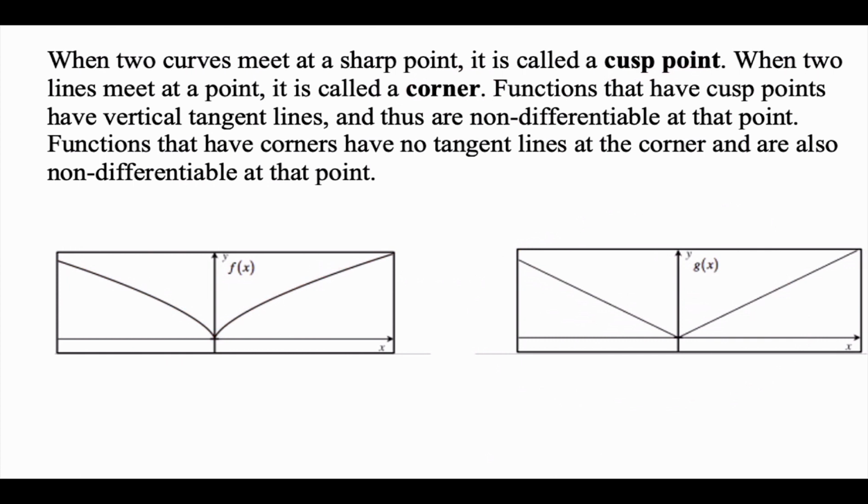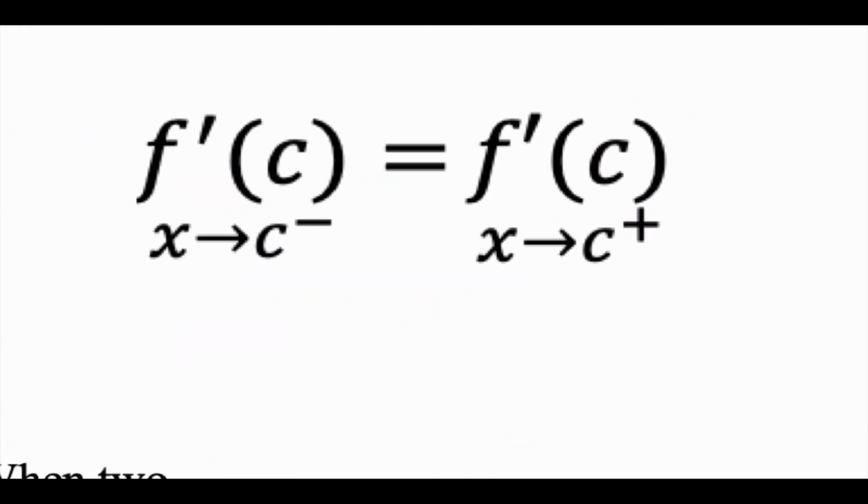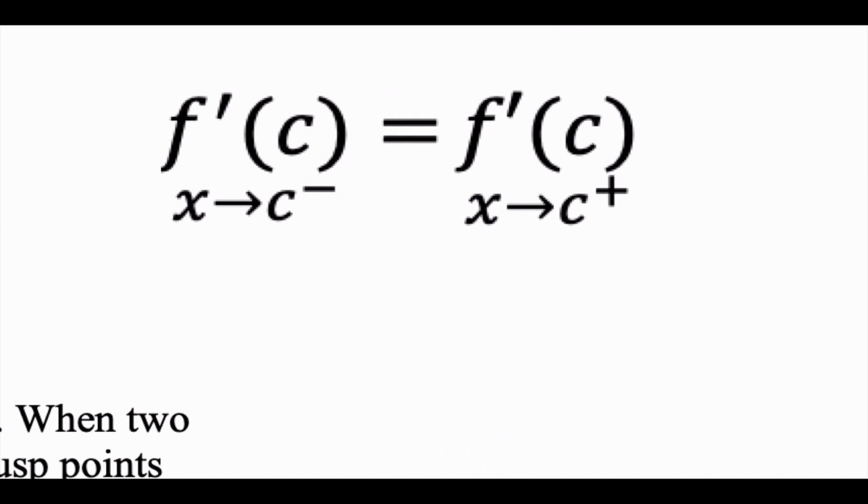So pretty much the rule for differentiability is this right here. If the derivative approaching a point is the same as the derivative approaching from the other side, then it has a derivative. For example, I'll give you an example. That line.